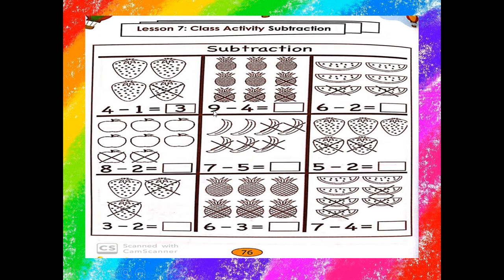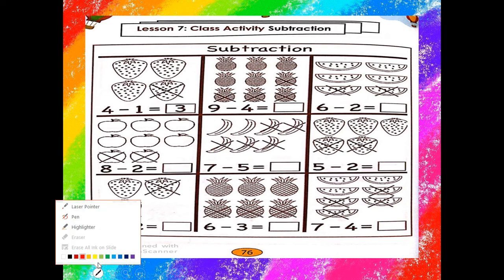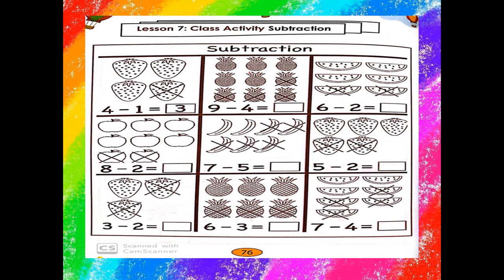You have 9 here, minus 4. You have 4 X's here, 1, 2, 3, 4. So it means you take away 4 pineapples. So how many pineapples are left? We have 1, 2, 3, 4. So we have here number 4. We are going to write number 4.